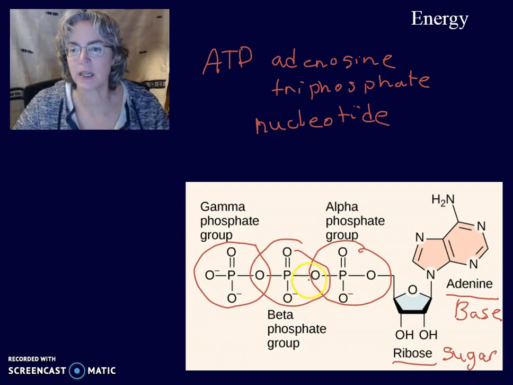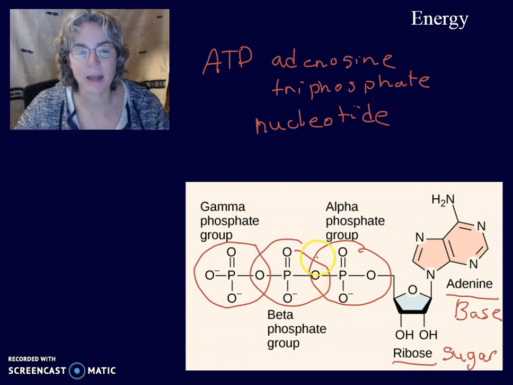This is not as stable as a glucose molecule, but it can hold chemical potential energy long enough to be used inside the cell.